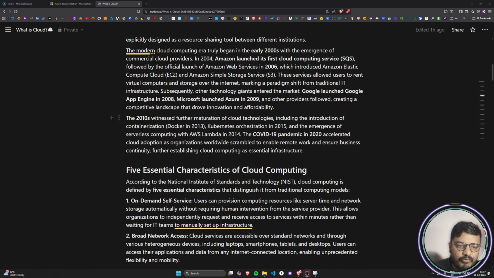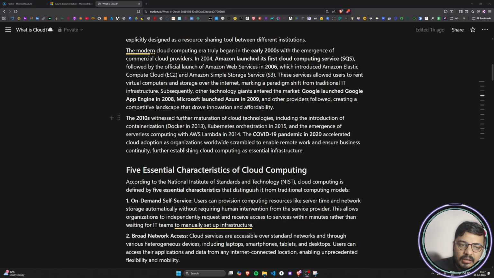And in 2014, AWS came with something called serverless computing. Serverless computing basically means that the servers will only be running for the time that you need them. For the rest of the time you will not be charged.